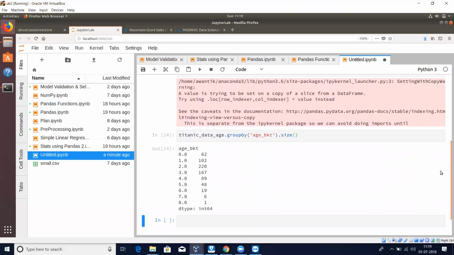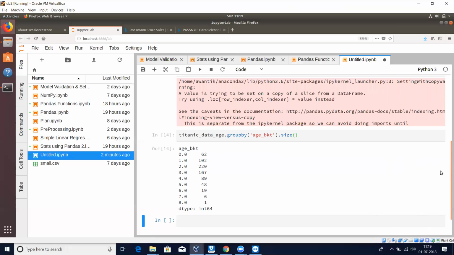Ceiling, CEIL, is the higher value. 2.2 will give you 3. Floor, ceiling, round, all will give different values. They're not the same. Round off will give 2.2 into 2, and 2.7 into 3, but I basically want the bracket, the bucket. So that is why.